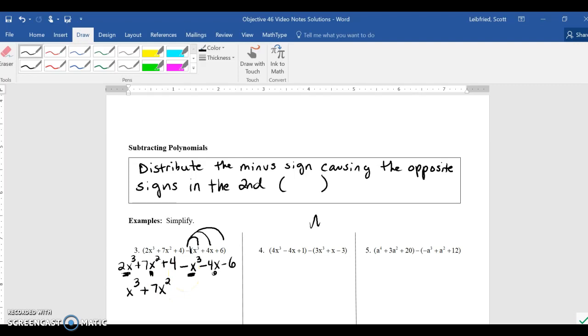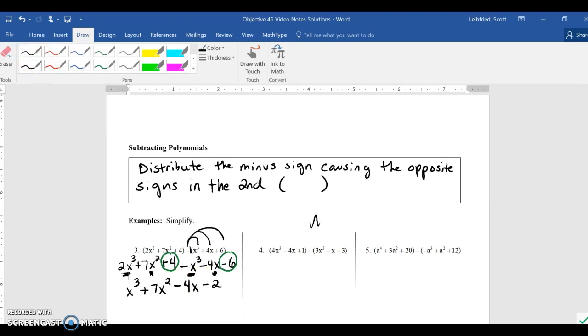Over here, I have negative 4x. It's not like with anything else, so minus 4x. And then I have 4 and negative 6. So 4 minus 6 is negative 2. And that's my final answer.